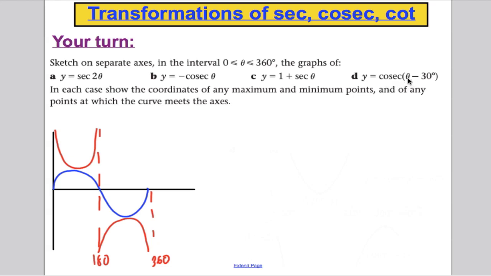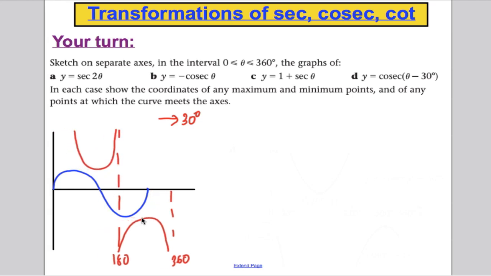And cosec of theta minus 30, well, that's a shift of 30 degrees in the positive x direction. So if I shift all this 30 degrees in the positive x direction, instead of this being at 180, this would now be at 210. So it would be something as follows.